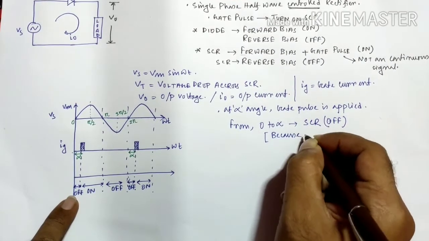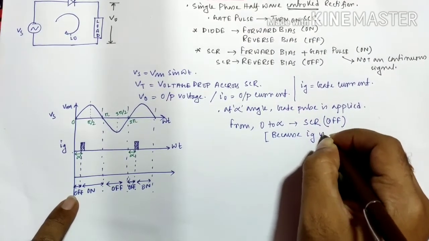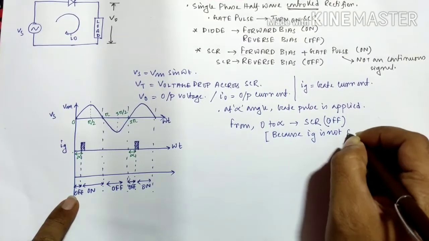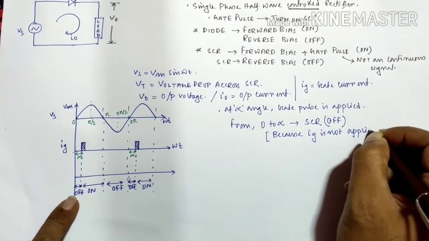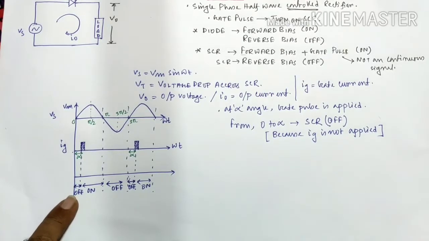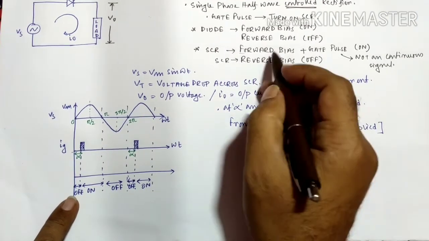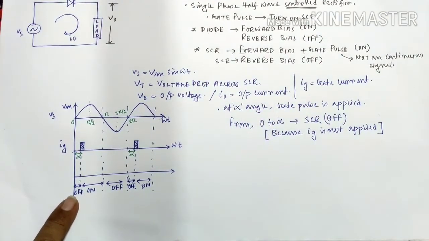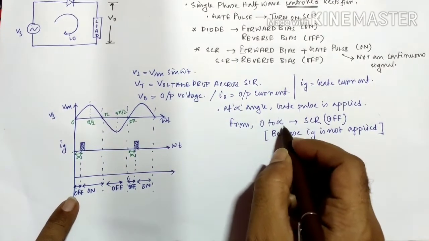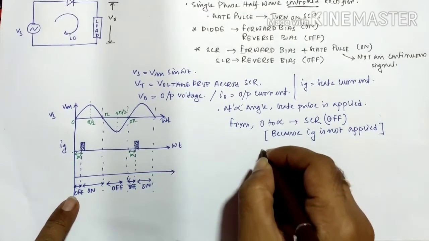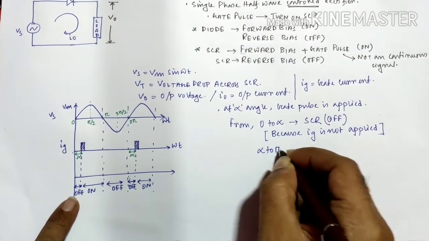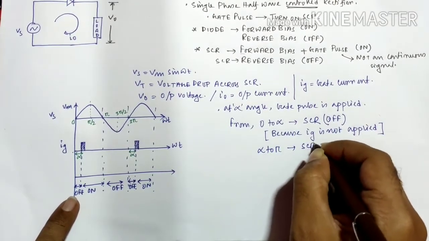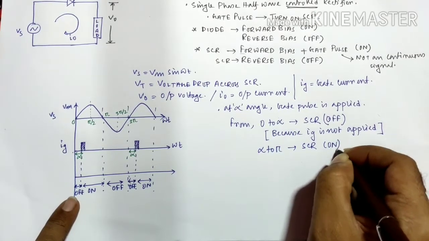It means gate pulse or gate triggering is not applied. That means we have not provided these two conditions to turn on the SCR. So from 0 to alpha, SCR will be off. From alpha to pi, SCR is on. That is important.